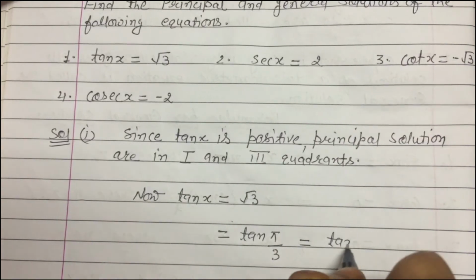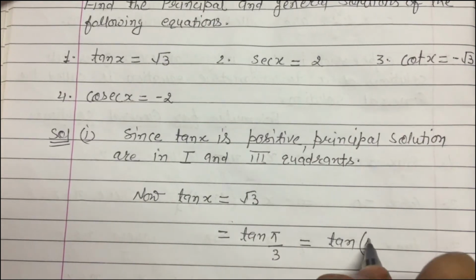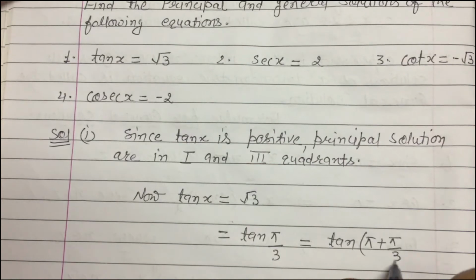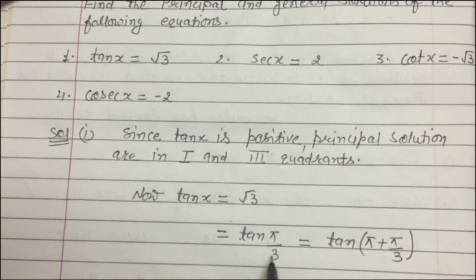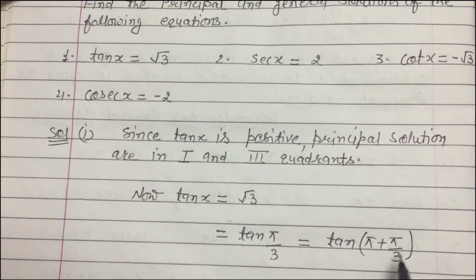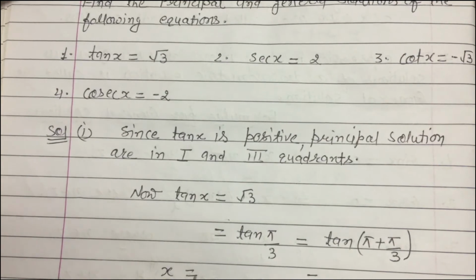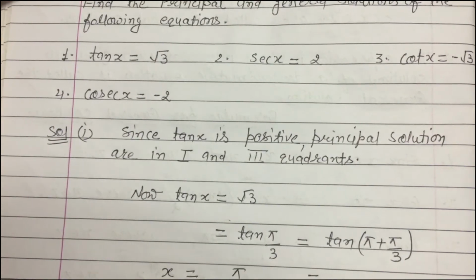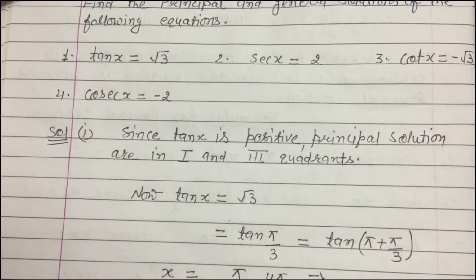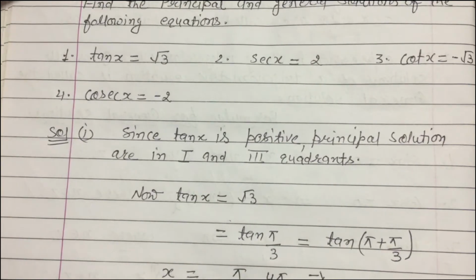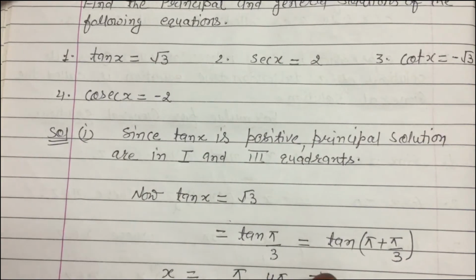And in the third quadrant we can write it as tan (pi plus pi by 3). Pi by 3 is in the first quadrant, pi plus pi by 3 in the third quadrant. So you will get x is equal to pi by 3 from the first, and 4 pi by 3 from the second. These two values are known as the principal solutions.